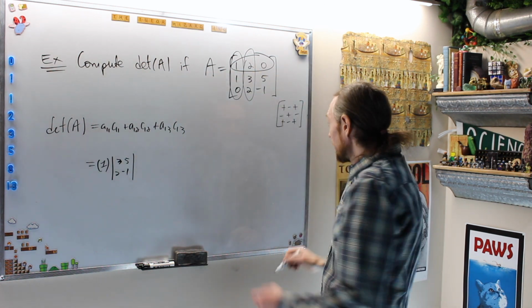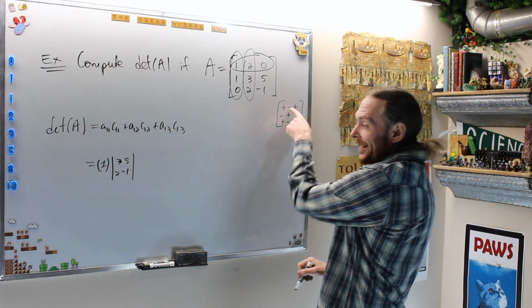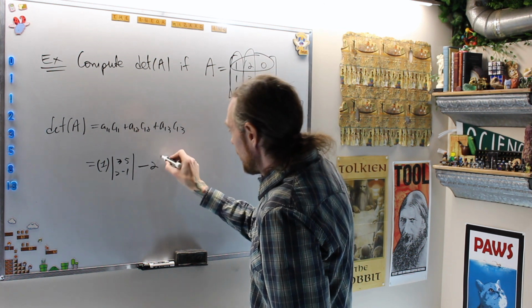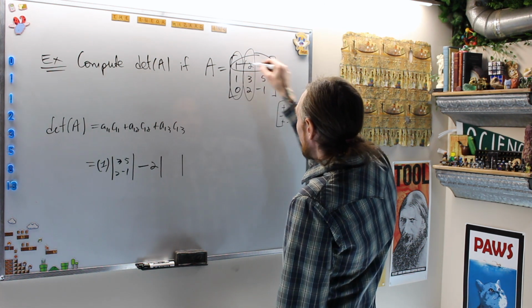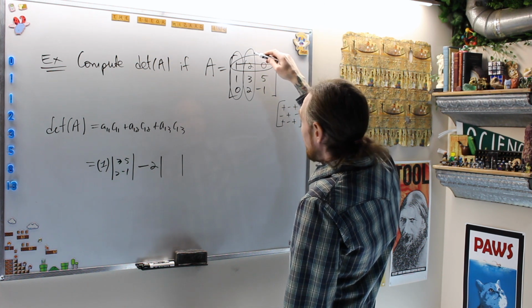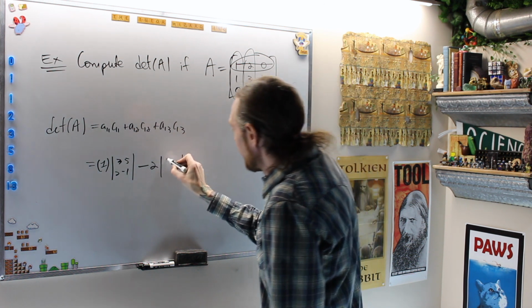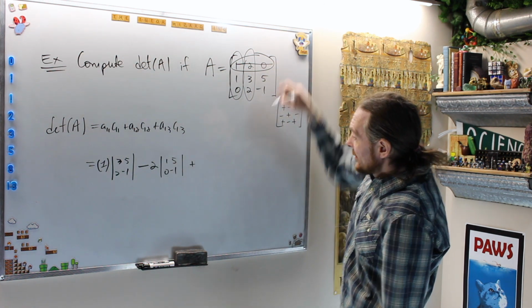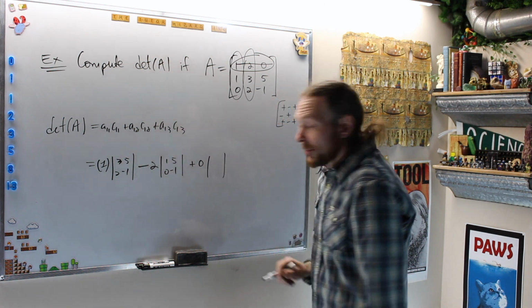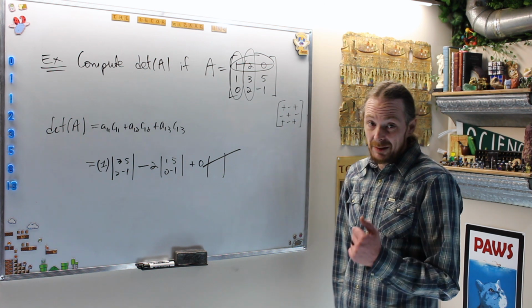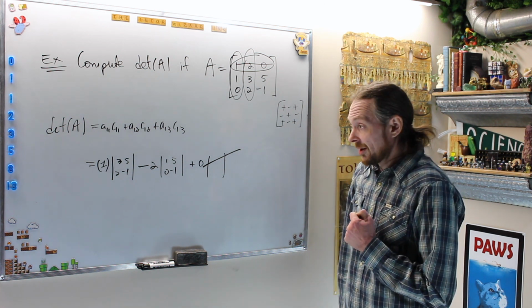Now I get a negative from the checkerboard, negative this guy 2, times the minor, blocking off row 1 and column 2, so I get 1, 5, 0, negative 1. And then plus this times 0, I don't care, I'm not computing it. Gone. That's the whole point of why you want rows or columns that have zeros. Use those to cofactor expand along.